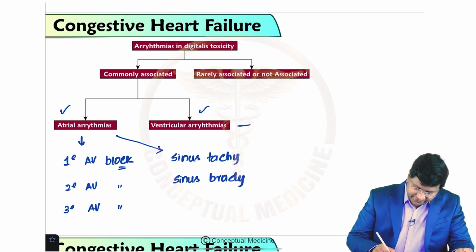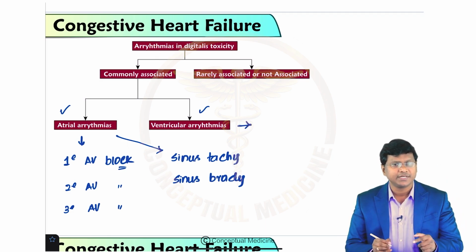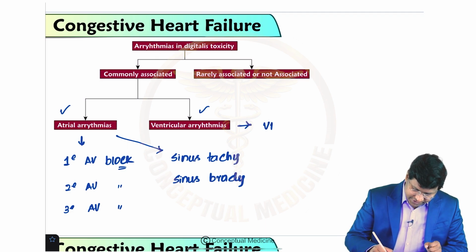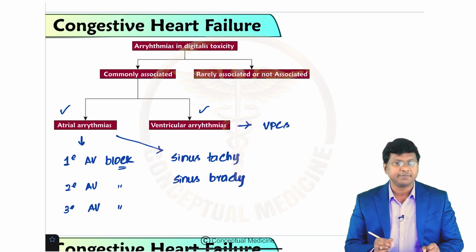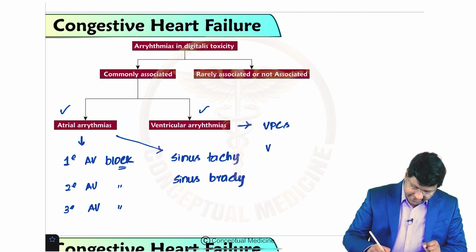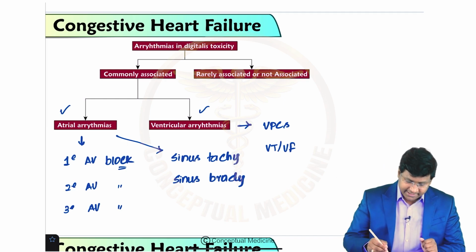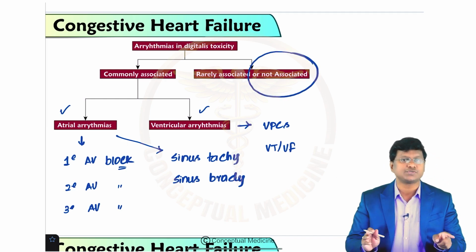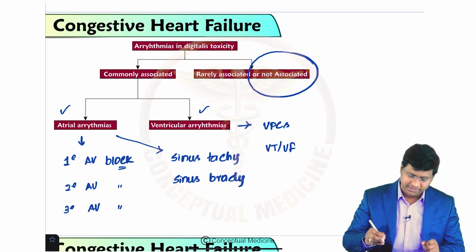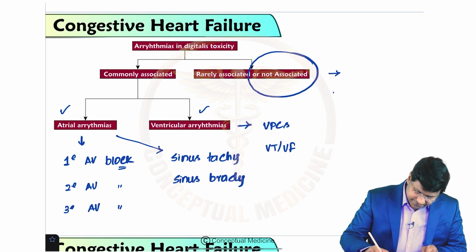Then the ventricular arrhythmias with digoxin toxicity include ventricular premature contractions, ventricular tachycardia, and ventricular fibrillation. The arrhythmias which are not associated with digoxin toxicity include atrial flutter.